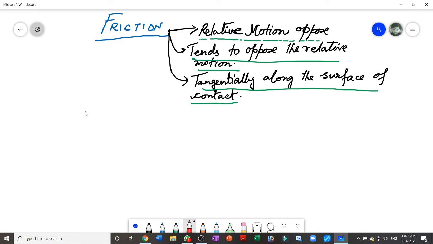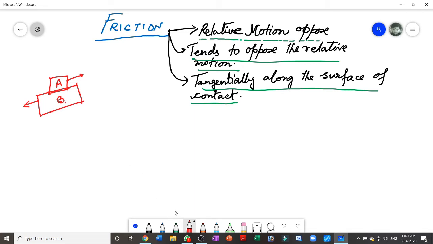Okay, I am drawing two bodies. It is resting on another body. Let this be body A and this be body B. A is trying to move along this side, B is trying to move along this side. They are gliding over each other.